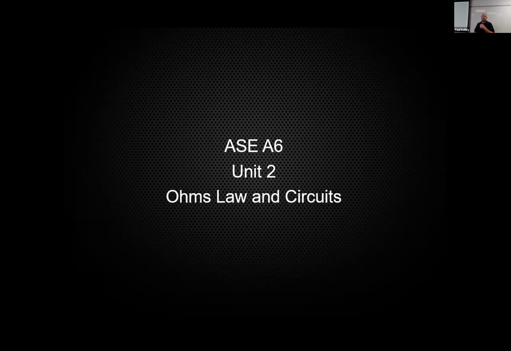You're probably not going to do this math again, unless, let's say you want to add a big light bar to your vehicle. You can look at the resistance of your existing circuit and the resistance of your light bar, and calculate how many amps would flow, and then determine whether it's going to overload the circuit.